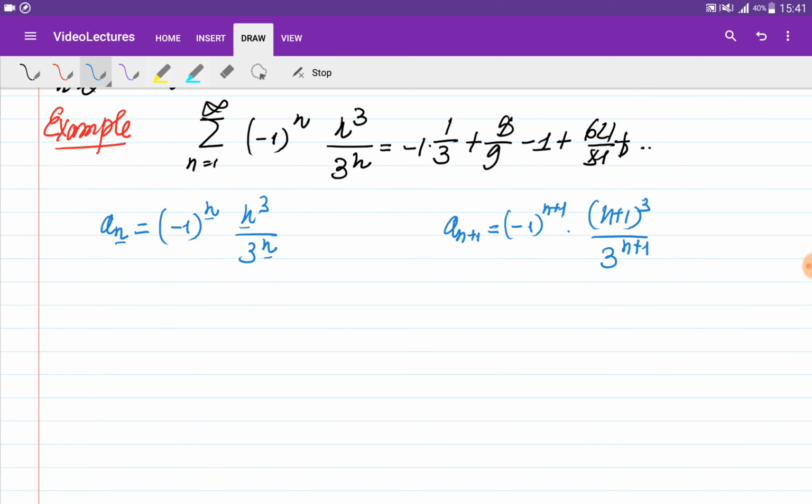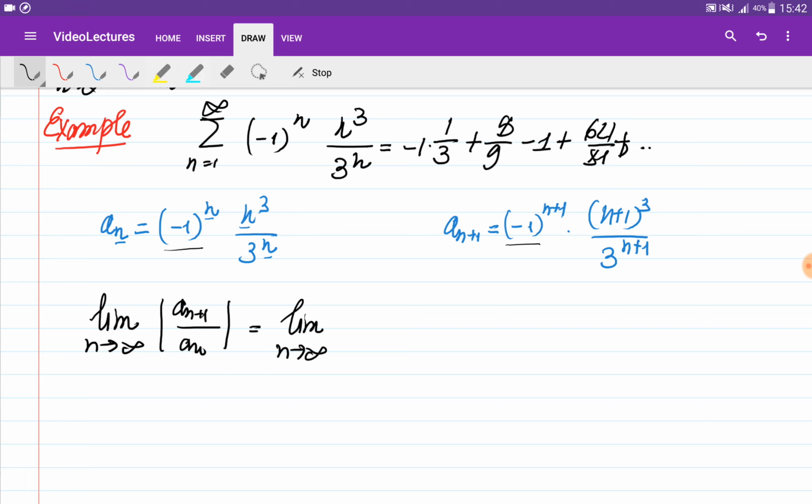What I need to do is find the limit as n goes to infinity of an plus 1 divided by an in its absolute value. Since I'm taking absolute values, I can neglect the minus 1s to the power of n.